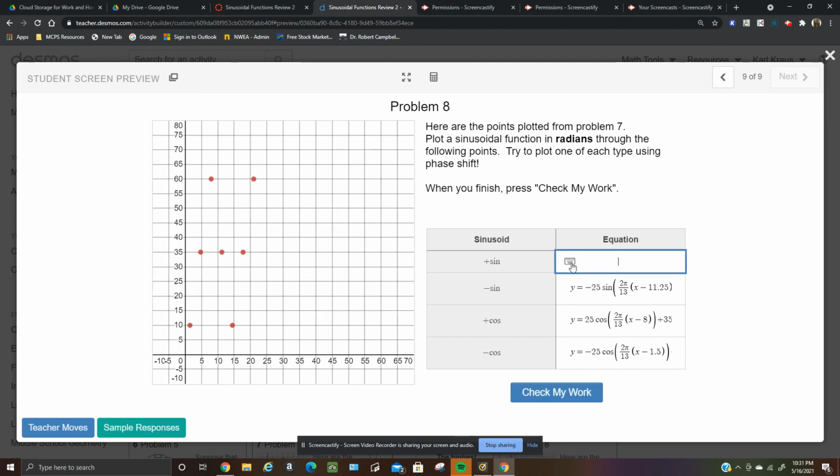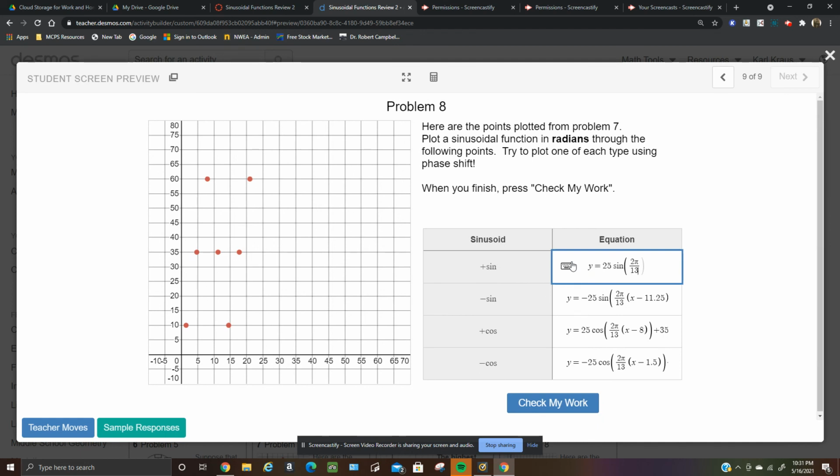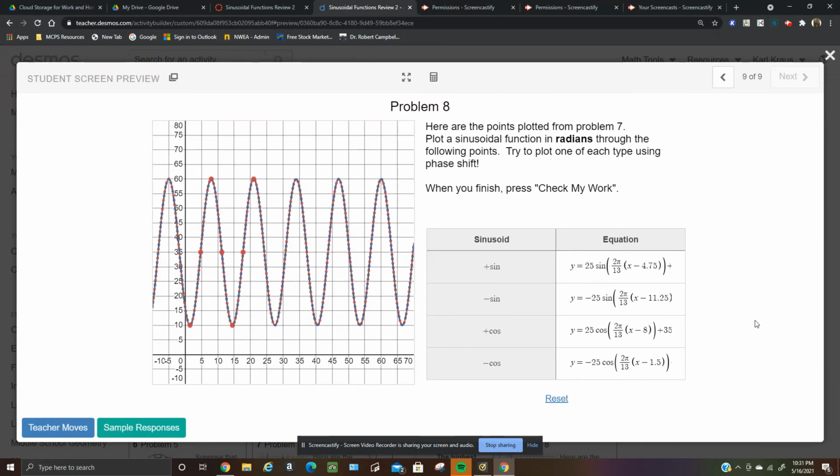And then positive sine would start right here, 4.75. All right, all those work.